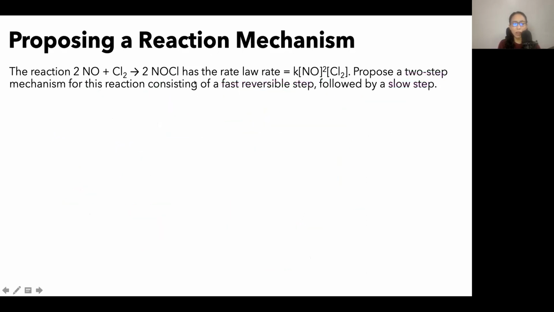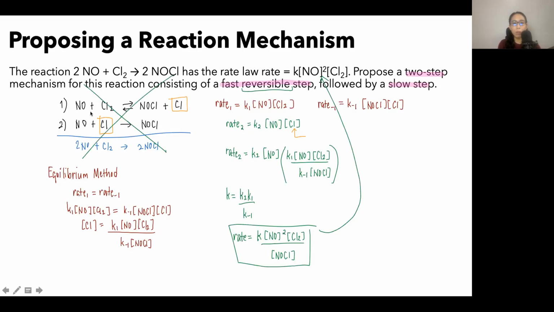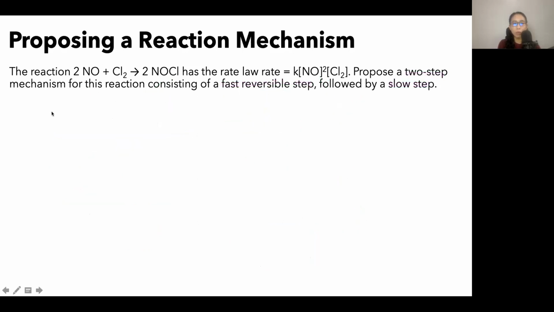Okay, so let's try to think of something else. In our proposed mechanism, it's one molecule of NO and a molecule of Cl2 colliding. What if we have as our first step the two molecules of NO colliding? This first step is reversible. They will form N2O4, so they will just combine.